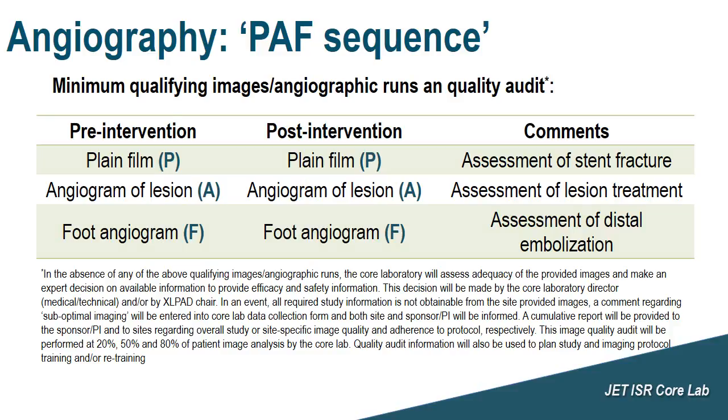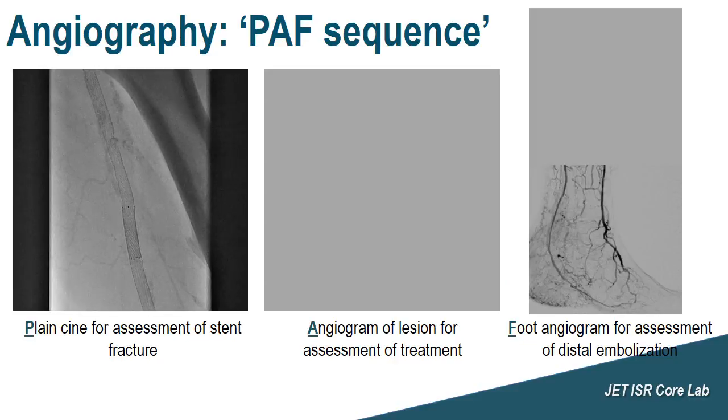P stands for plain film angiography, A stands for angiograms of the lesion before and after the lesion is treated, and F stands for foot angiograms, at least to the level of the ankle, to determine distal embolization, again pre and post intervention. So you need to do PAF pre-intervention and PAF post-intervention, and if you can just stick this into your cath lab, I think this will be a good reminder for all of you at the sites to acquire the necessary minimal images.